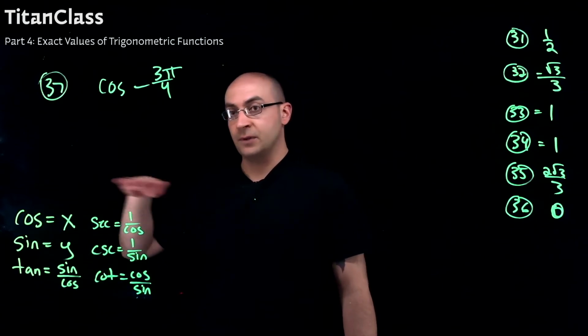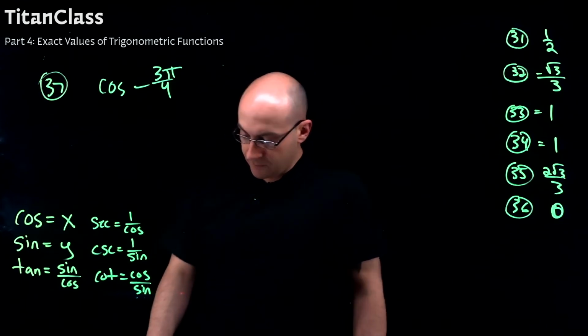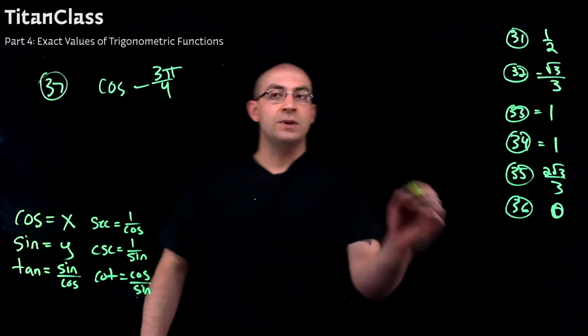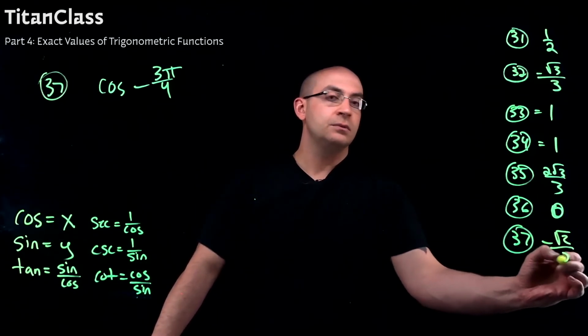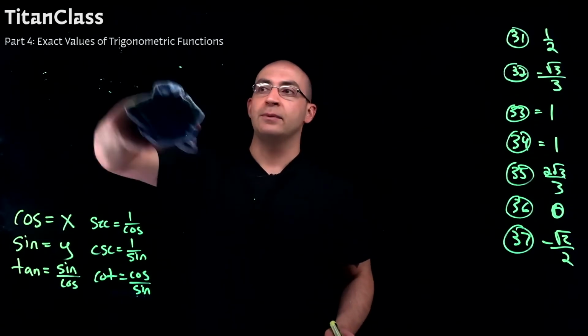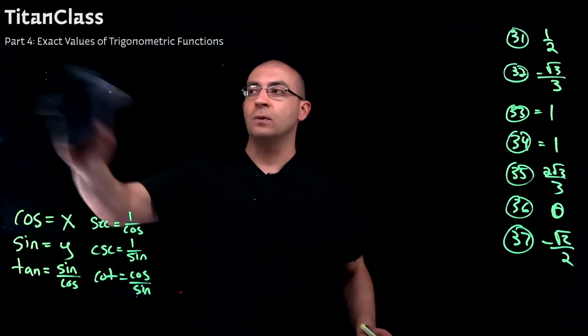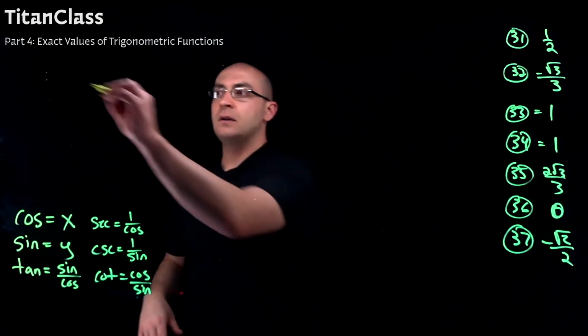Because both cosine and sine are negative at that point. So the cosine value at negative 3 pi over 4 is going to be negative root 2 over 2. Okay? Again, the 4 denominators are really easy to remember because they're always root 2 over 2. Doesn't matter where they are, it's always going to be some kind of root 2 over 2, whether it's positive or negative.